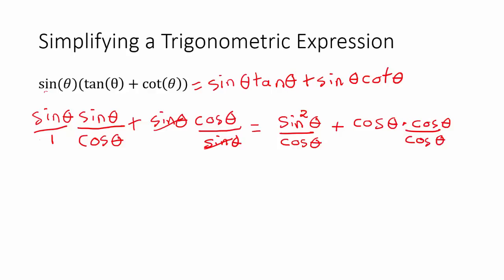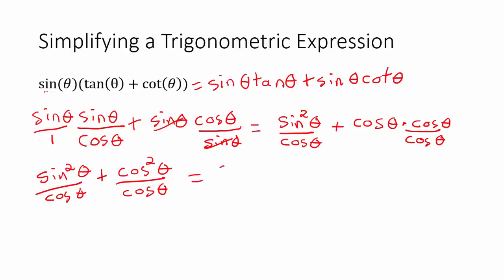So if I come over here, this will be sine squared theta over the cosine of theta, plus the cosine squared theta over the cosine of theta. Now I have a common denominator here. I can add these two fractions together, and I will get sine squared theta plus cosine squared theta all over the cosine of theta.